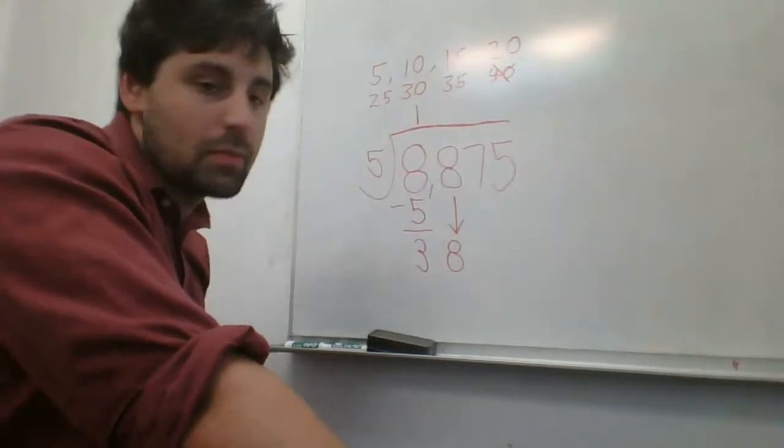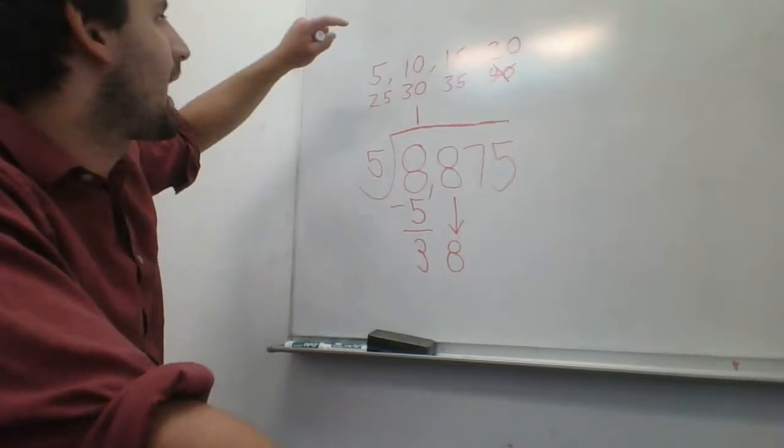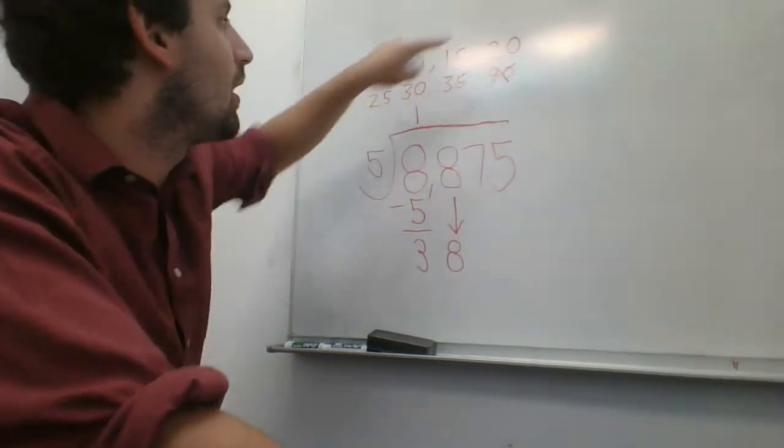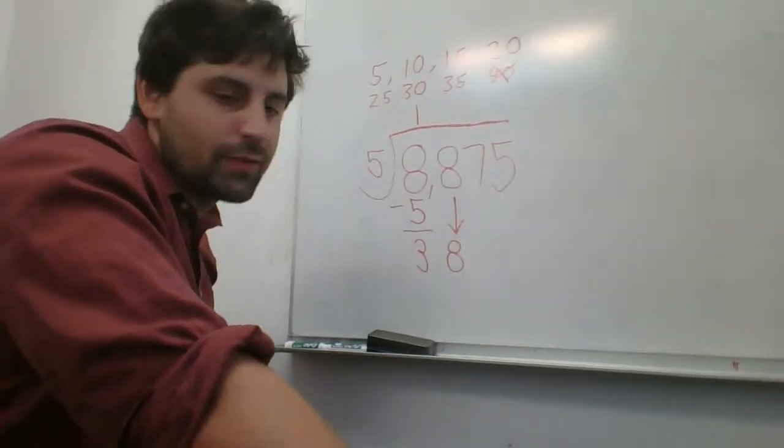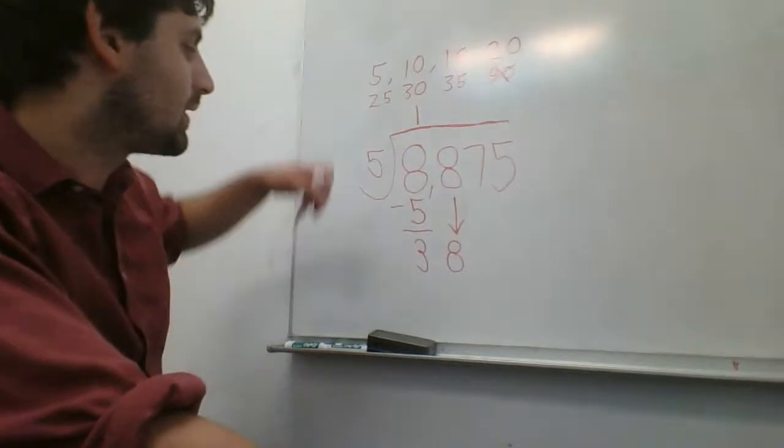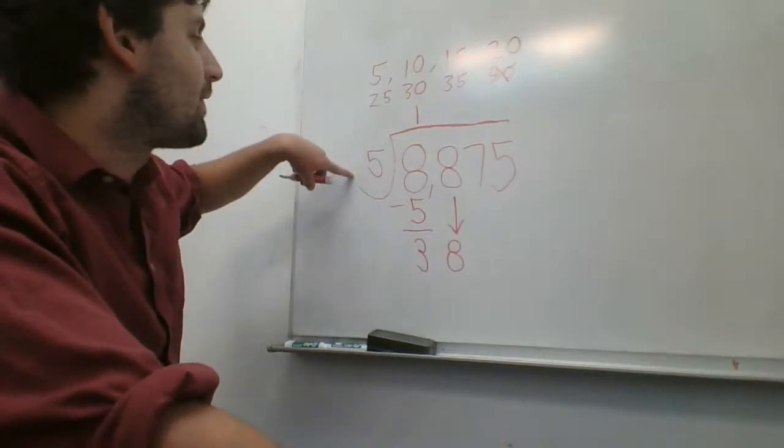40 is too far. 40 would be past 38. But I was able to count by 5, 1, 2, 3, 4, 5, 6, 7 times. I was able to get 7 groups of 5 within the number 38. So 38 divided by 5 equals 7.